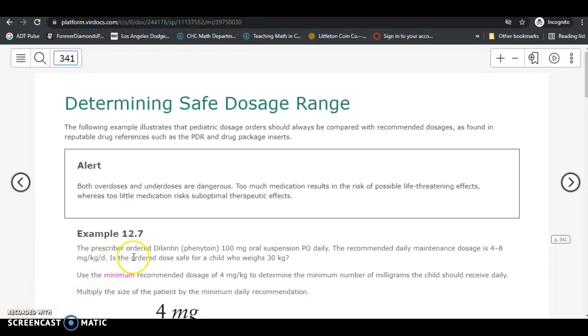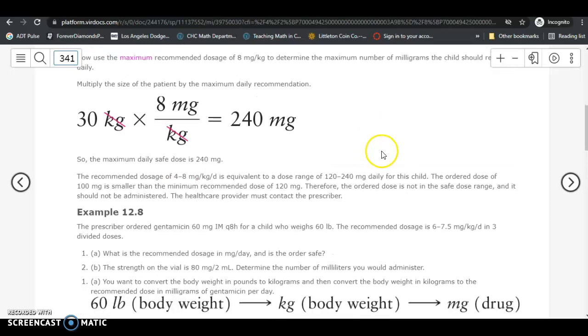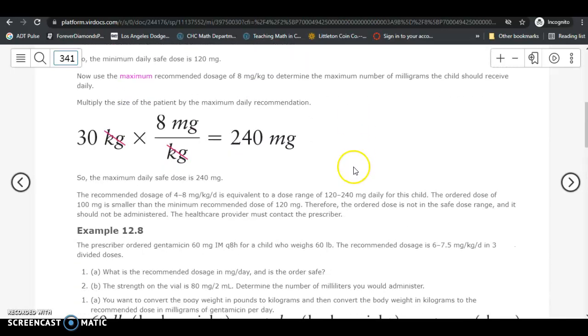In the next example, we're going to determine the safe dosage range for a pediatric patient. Okay, so we're going to go ahead and look at example 12.8 in the book.